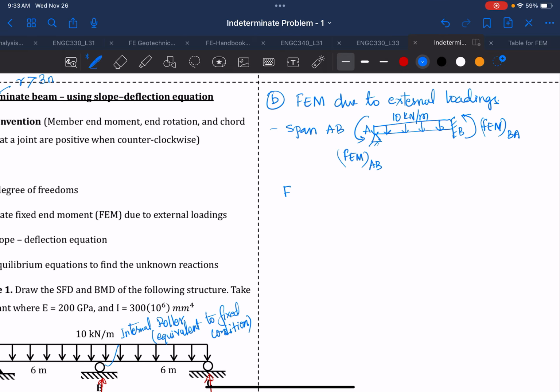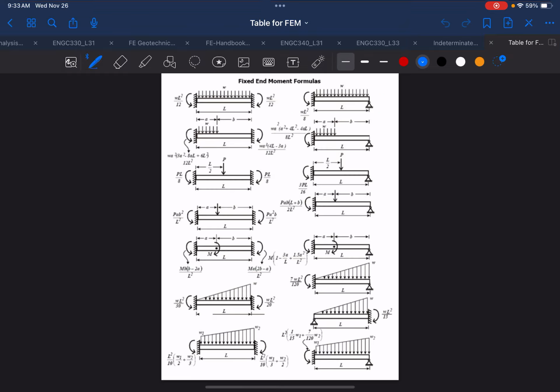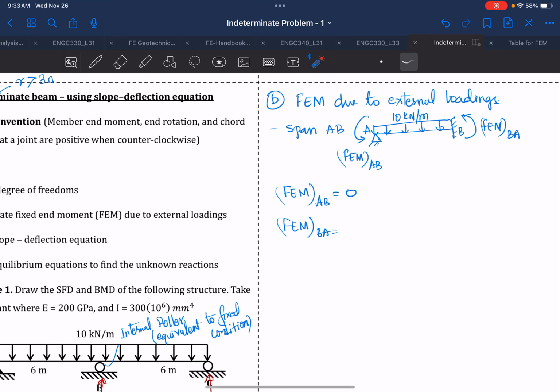So for FEM AB, because it's a pin, it is going to be 0, and FEM BA, because it's going to be clockwise, and our sign convention is counterclockwise, we'll have negative WL square over 8.